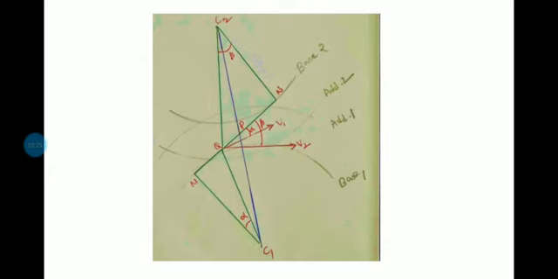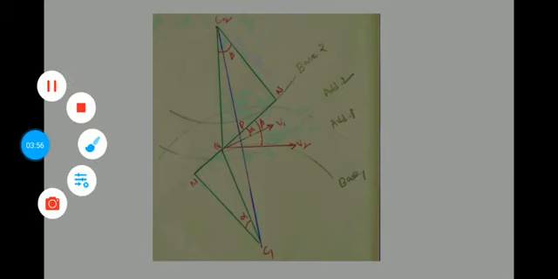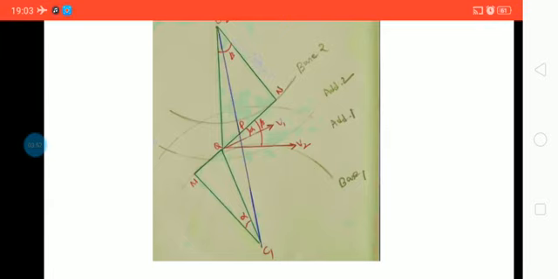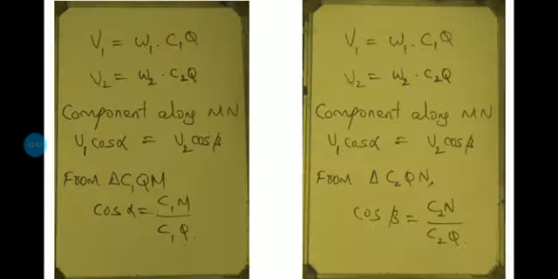M and N are fixed points, P is also fixed, but Q is a variable point. At this instant, the point of contact is Q. The next instant, it can be another point. So up to Q you represented. Then you join C2 and Q, and also C1 and Q.